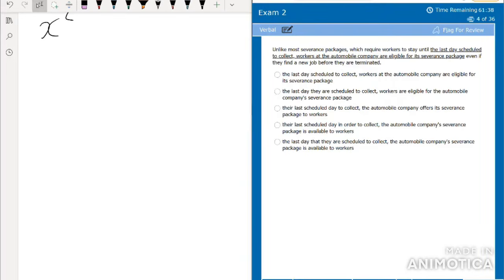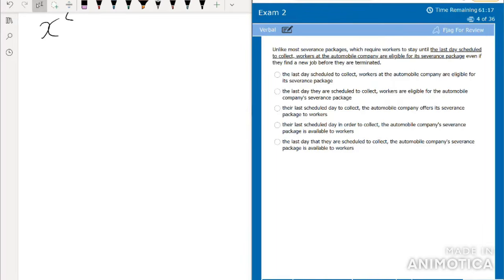Ooh, nasty question already. So I'm not liking the last day scheduled to collect, as in, is that a day scheduled to collect, or is it the last day that they're scheduled?